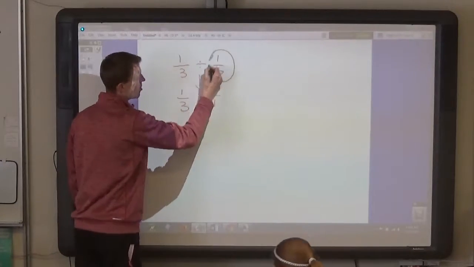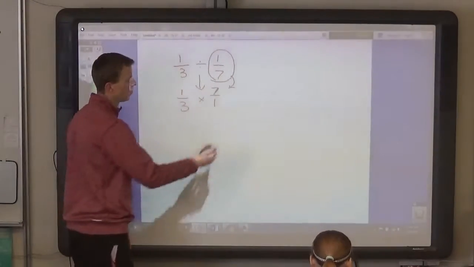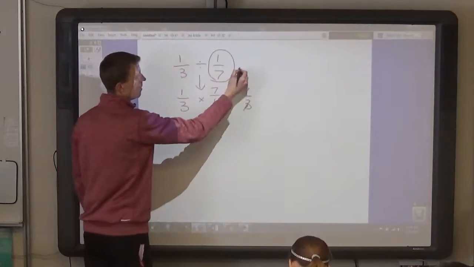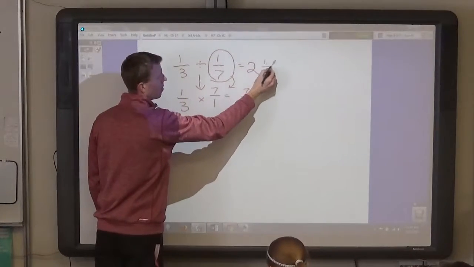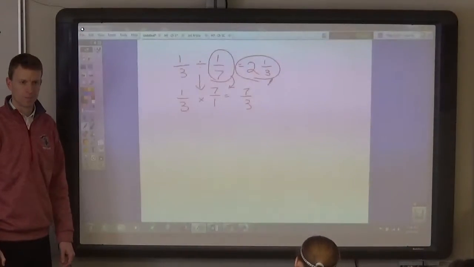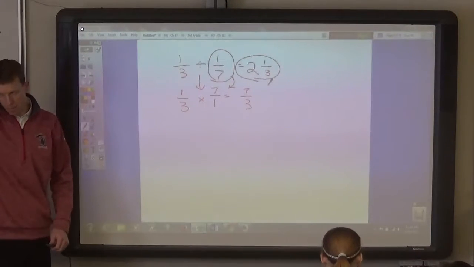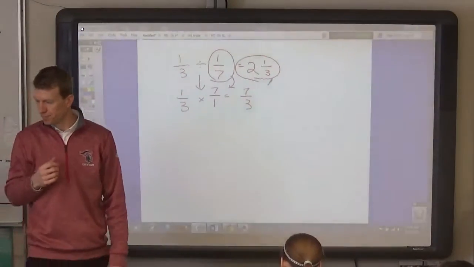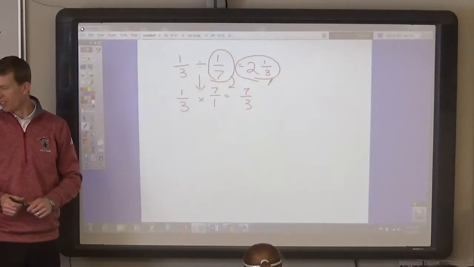This is the second fraction. So we changed it from 1/7 to 7 over 1. The answer is 7/3, or 2 and 1/3. Yeah, it's a pretty simple process once you get used to it. Once you memorize the steps. Or if you don't want to memorize the steps, just keep those notes in front of you when you're doing this.